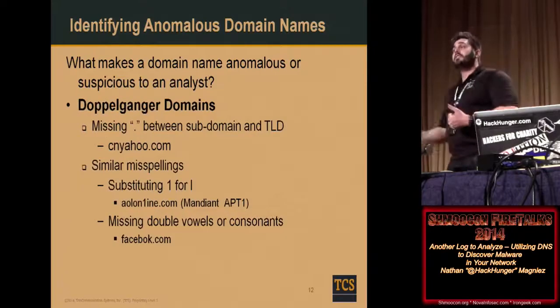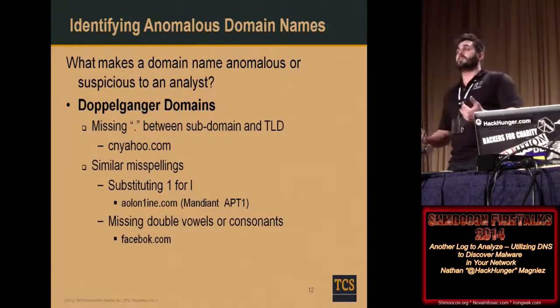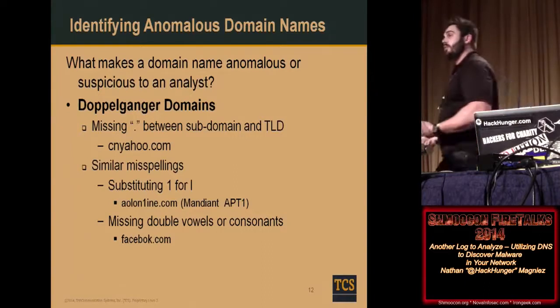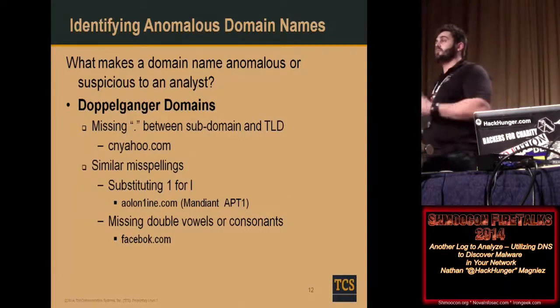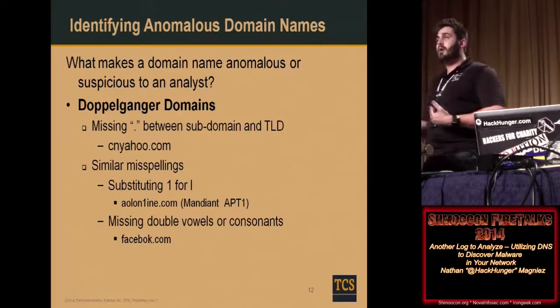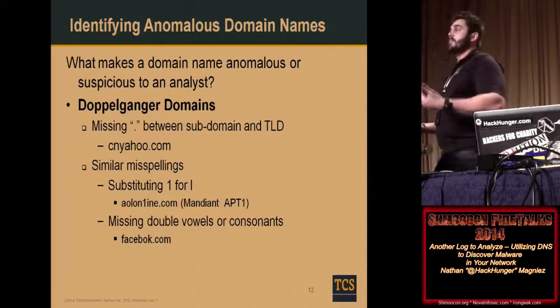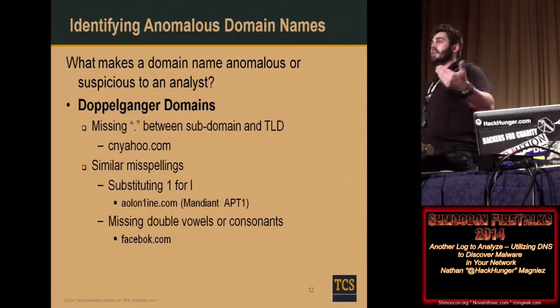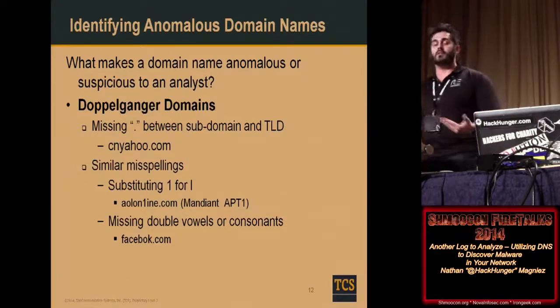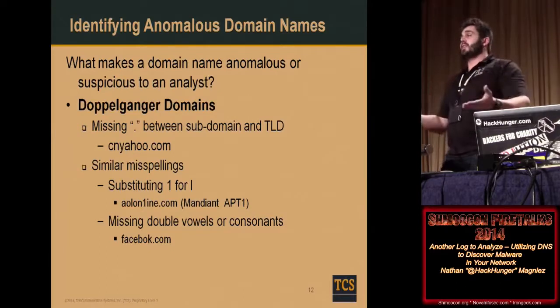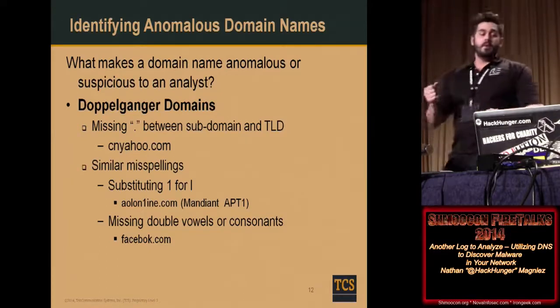Another thing to pay attention to is doppelganger domains. This would be something like cnyahoo.com instead of cn.yahoo.com, so missing the dot between the subdomain and second level domain. Also misspelling. An example from Mandiant's APT1 report is AOLonline.com, but one of those L's is a 1 instead of an L. On a cursory look through a log, it may not stick out to you depending on the font that you're using.